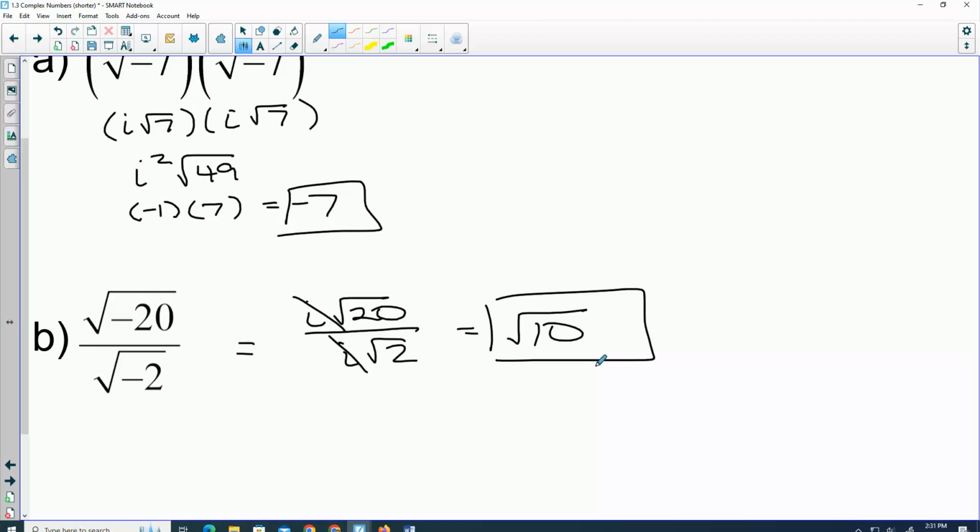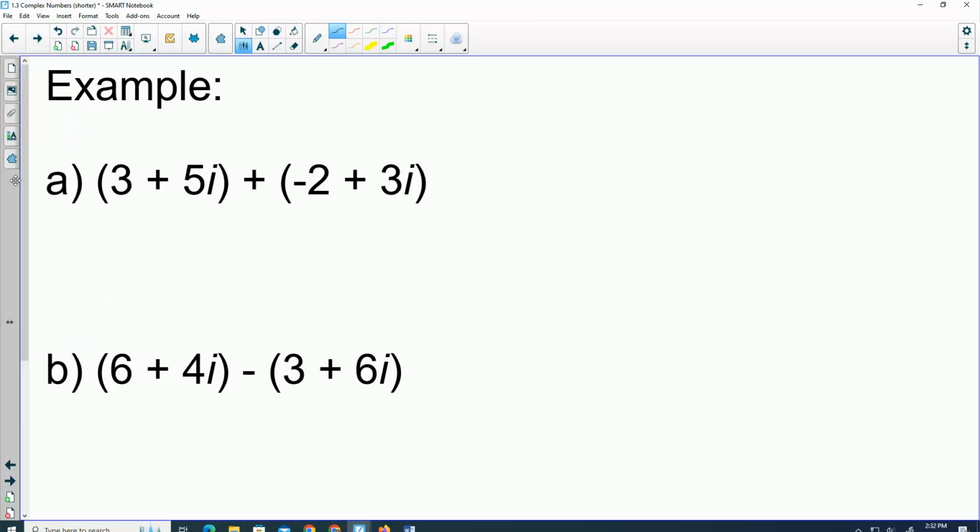Let's talk about some operations with i's. Adding, subtracting, multiplying. Adding and subtracting, the i just kind of works like an x. You're combining like terms. I do want your answer to be written in standard form, so a plus bi at the end. So if we add our real numbers, 3 plus negative 2, 1, plus the imaginary, 5i plus 3i, so we get 1 plus 8i.